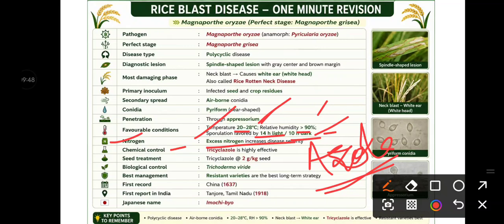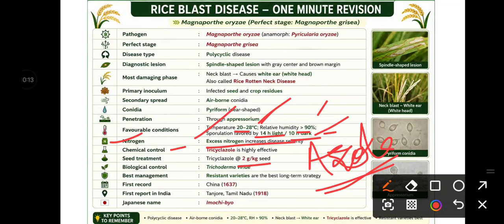If the appressorium is not formed, ultimately the pathogen is not able to penetrate the leaf surface and no infection will be there. So tricyclazole can be used both as seed treatment or as foliar spray. For seed treatment 2 gram per kg can be used, and for foliar spray 0.1 to 0.2% spray can be done.